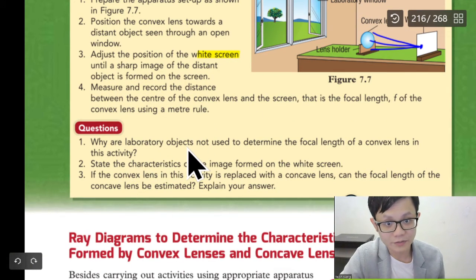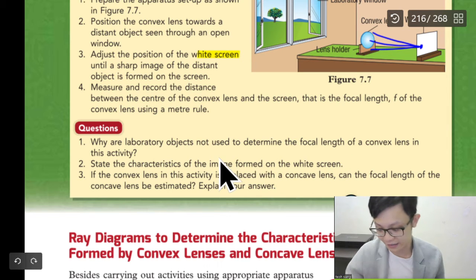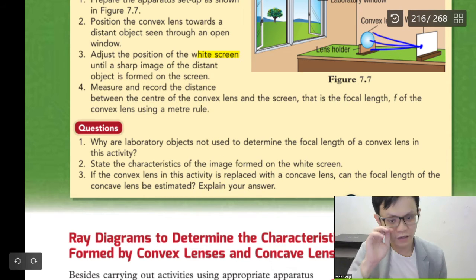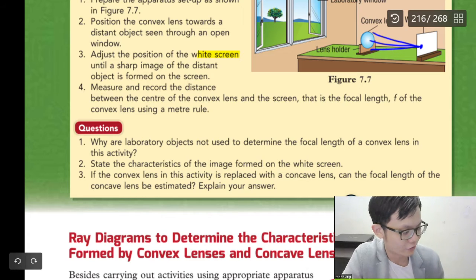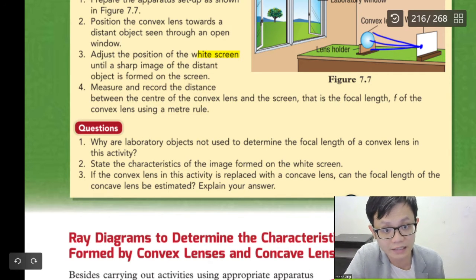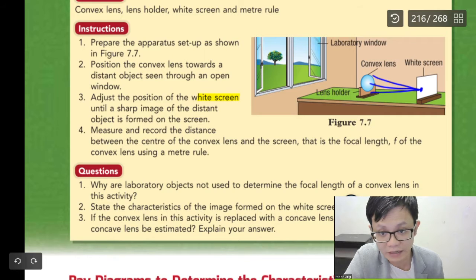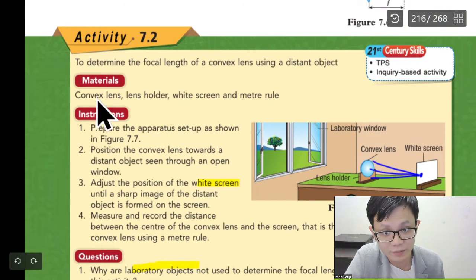Why are laboratory objects not used to determine the focal length of a convex lens in this activity? Okay, actually for this question, I don't understand the question, because when we talk about laboratory objects, the experiment already used laboratory objects like the convex lens, white screen and meter rule.